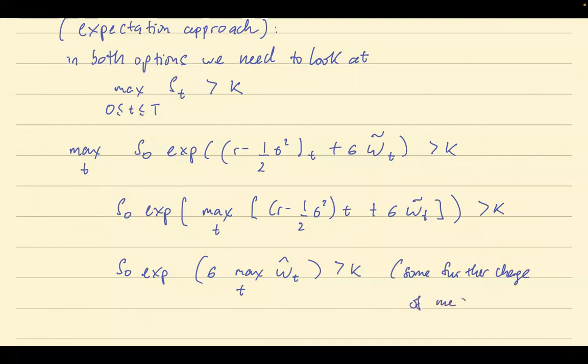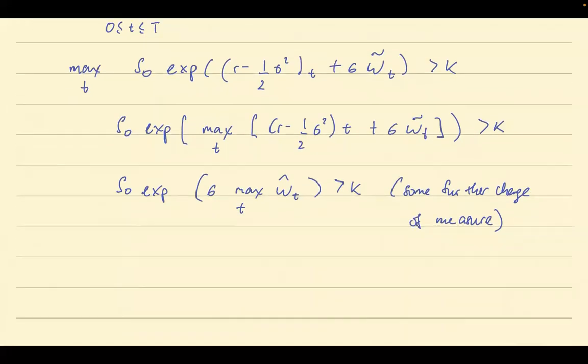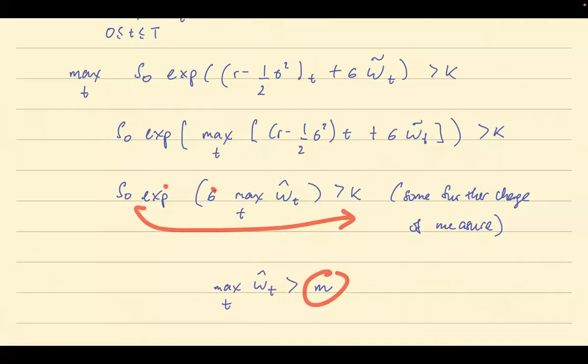And then you see that you can divide by S0, take the log, divide by sigma. Then you get this, let's say, bigger than some number. This number M is, divide by S0, take the log, divide by sigma, whatever.